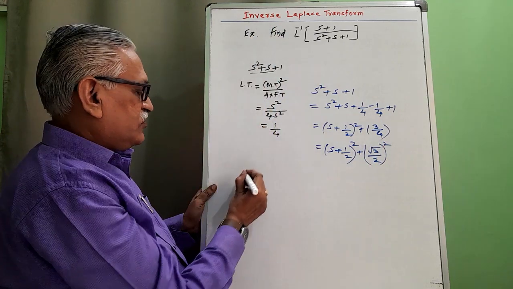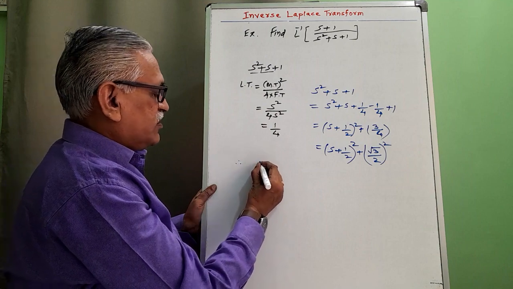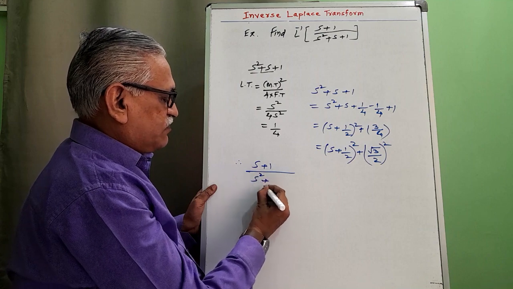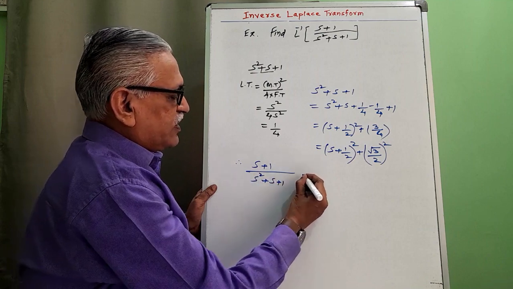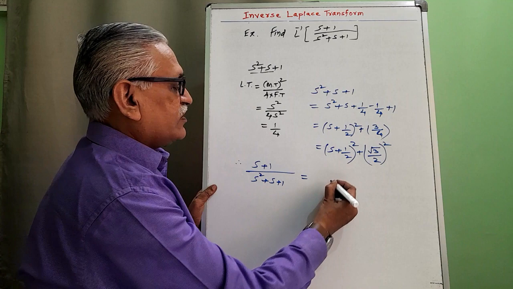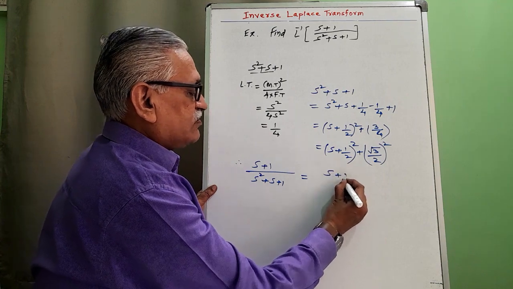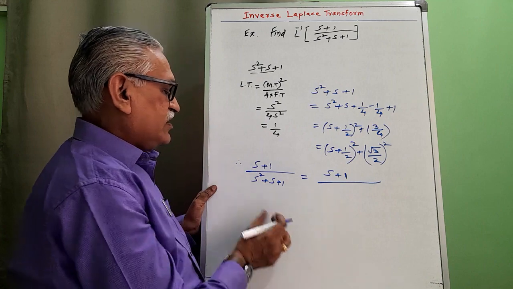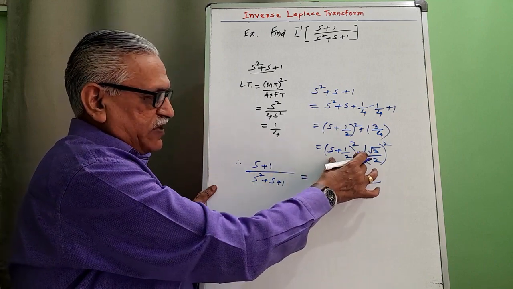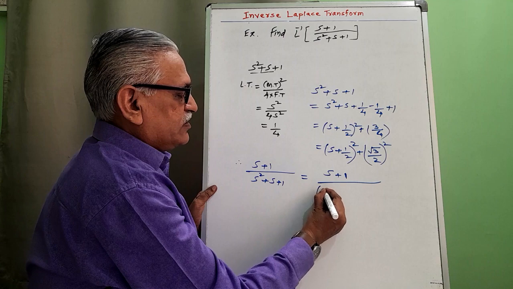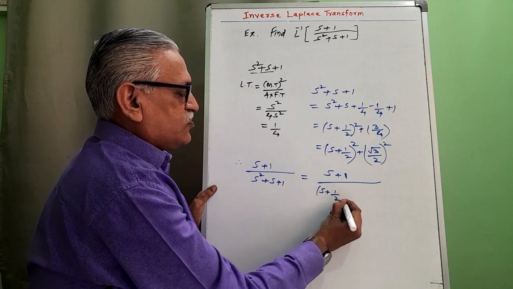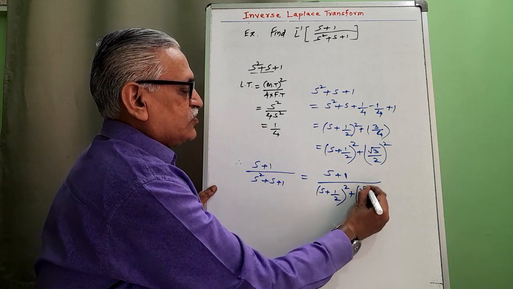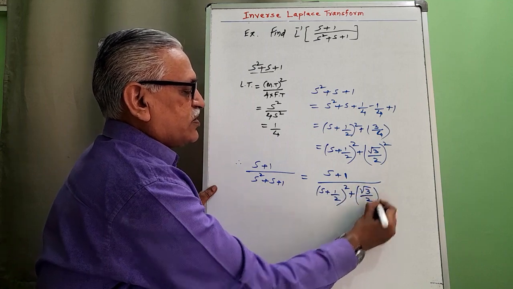And therefore that term s plus 1 divided by s square plus s plus 1, we can rewrite as s plus 1 divided by, we can replace this term by this term. Therefore it is s plus 1 by 2 whole square plus root 3 by 2 whole square.